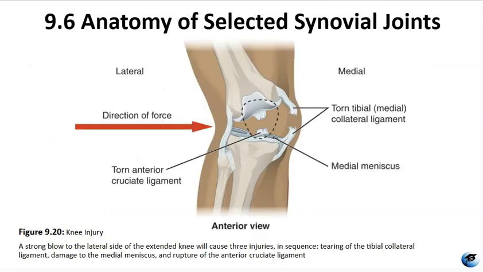Figure 9.20 shows how a strong blow to the lateral side of an extended knee can cause tearing of the tibial collateral ligament, damage to the medial meniscus, and rupture of the anterior cruciate ligament. So when you hear that someone has had a torn ACL, it's this ligament here, right in the middle of this synovial joint in the knee.